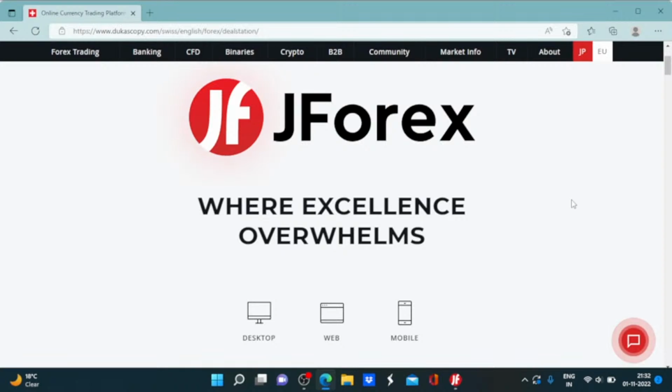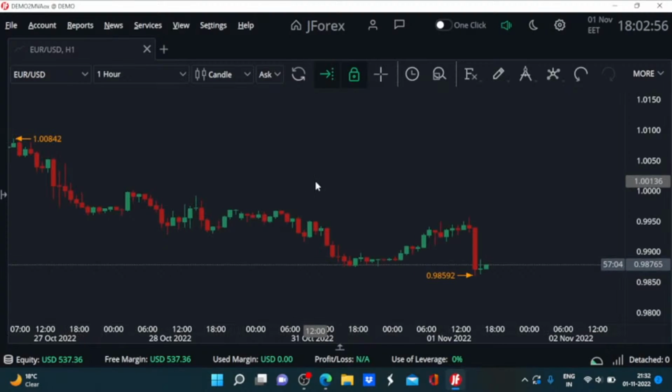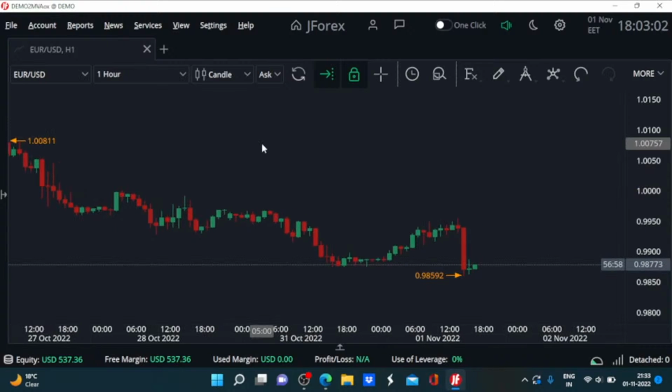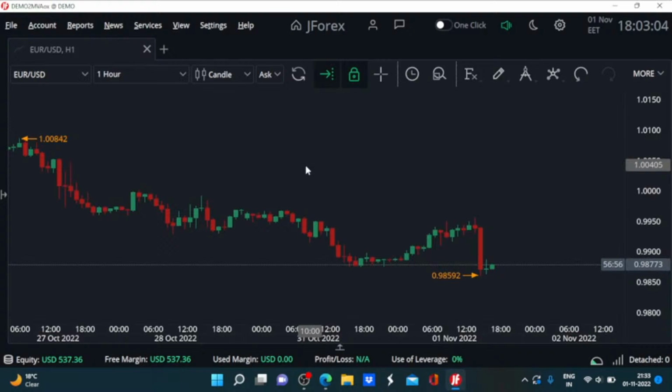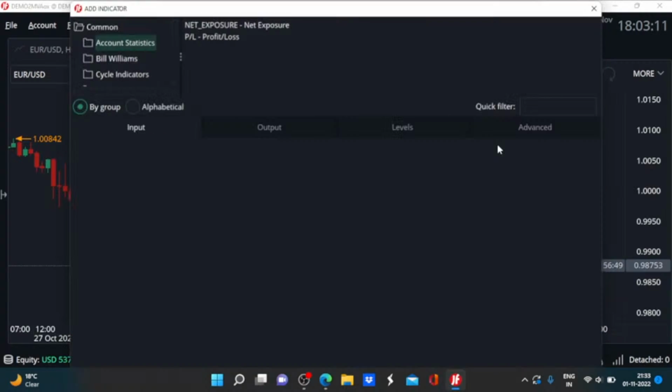So we will now get started and head to the JForex 4, the newly released trading platform from Dukascopy Bank SA. Now coming to this Euro USD charting, which is based on the hourly time frame. If you want to add the ultimate oscillator, all you have to do is go to the list of momentum indicators, or else you can simply do a quick search using this F4 option and there it will appear.